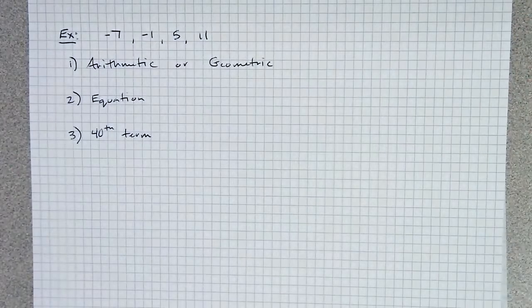You get a sequence of -7, -1, 5, 11. Identify if it's arithmetic or geometric, and then also find the 40th term.